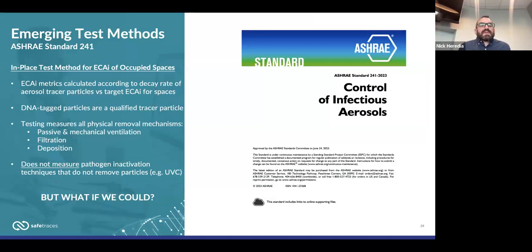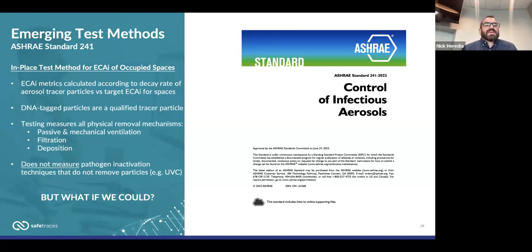So, of course, recently ASHRAE instituted Standard 241, which is control of infectious aerosols. I'll just point out that this does not measure pathogen inactivation techniques such as UVC, but it is basically a methodology that would measure the equivalent airflow rate, or ECAi, of occupied spaces.